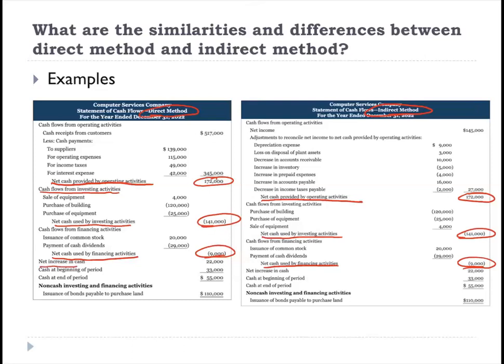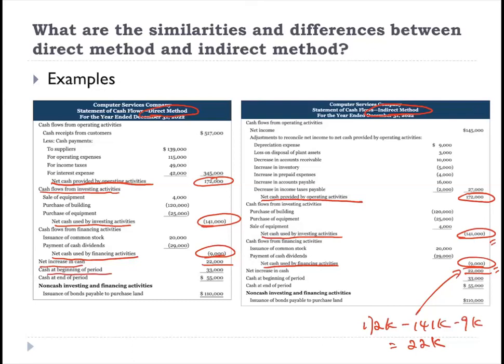So the net change in cash, 22,000, is basically 172,000 from operating activity, minus 141,000 from investing activity, minus 9,000 from financing activity, and that gives you 22,000, an increase in cash.